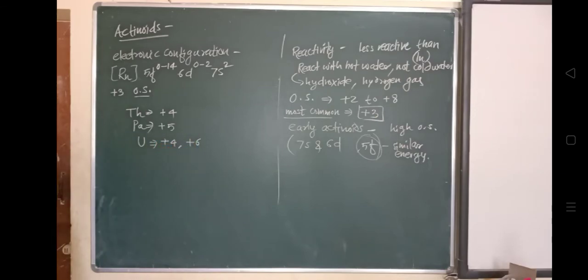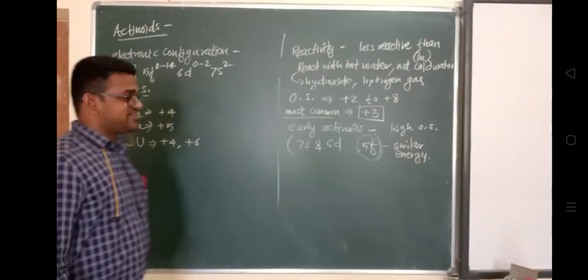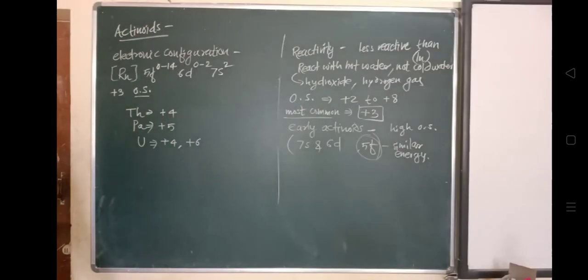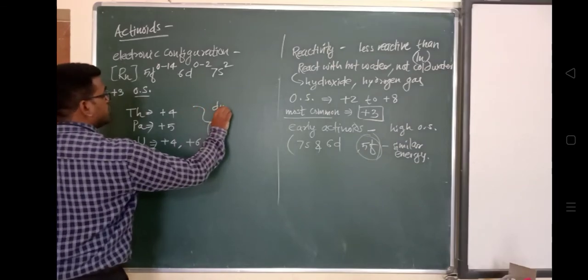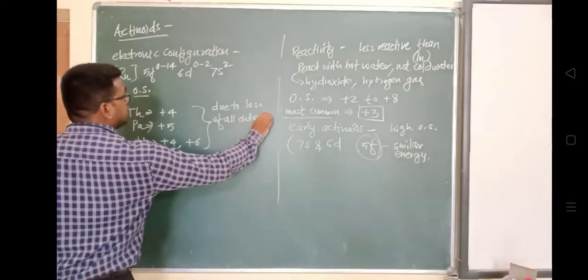So early actinoids are showing higher oxidation states, such as +4 and +6, due to the loss of all outer electrons.